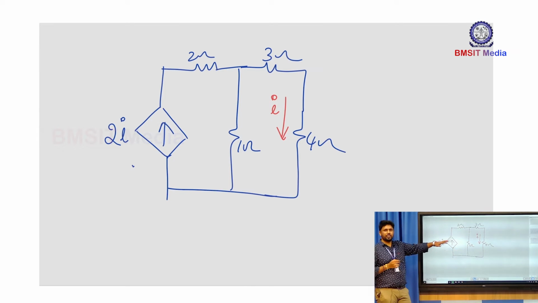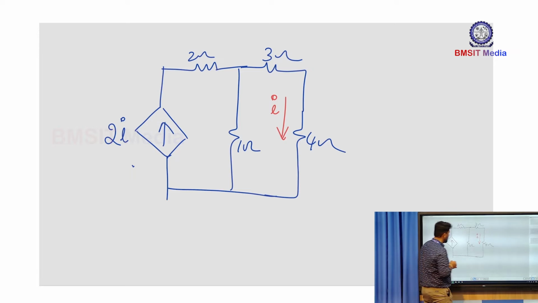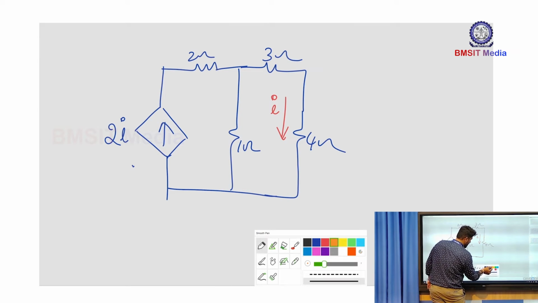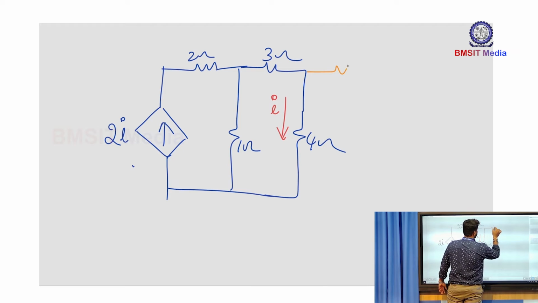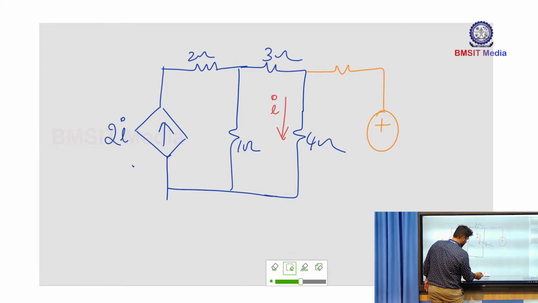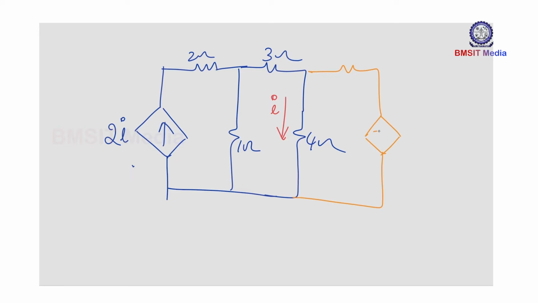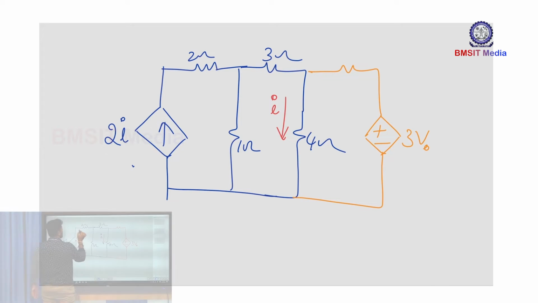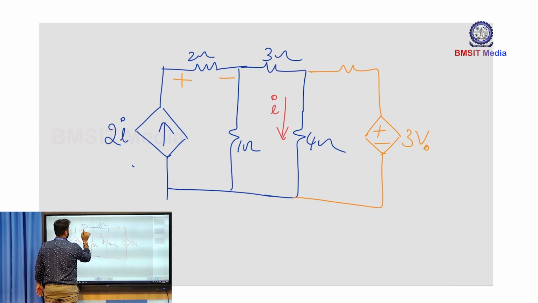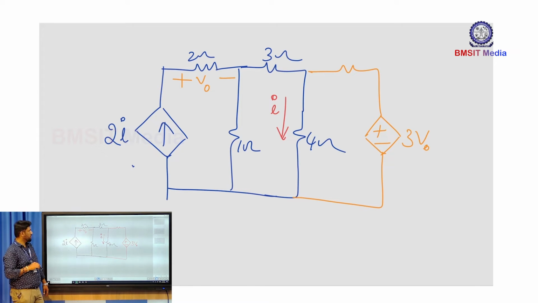Now I'll take one more dependent source here just for representation. This is a voltage source whose value I will consider, say 3 V0, and the controlling variable is the voltage across your 2 ohm resistance here.